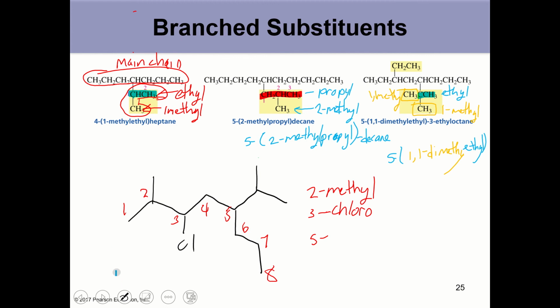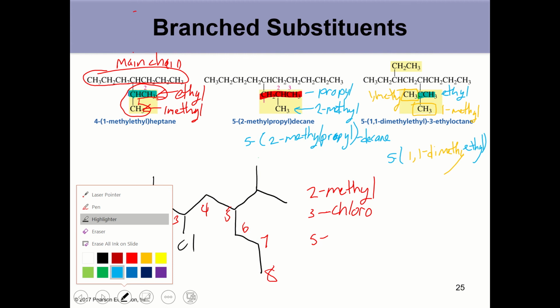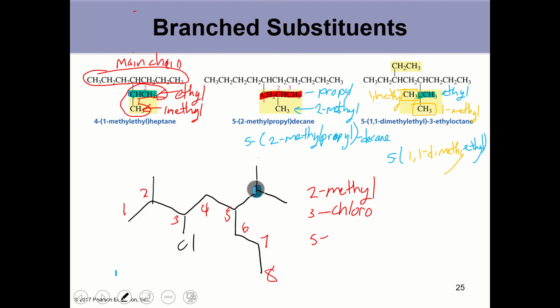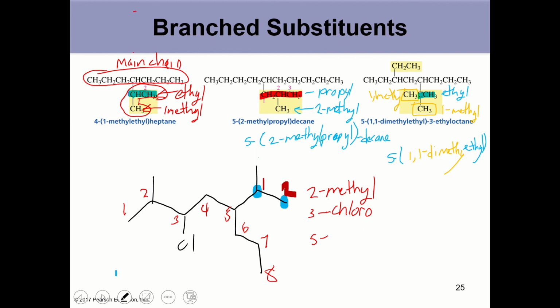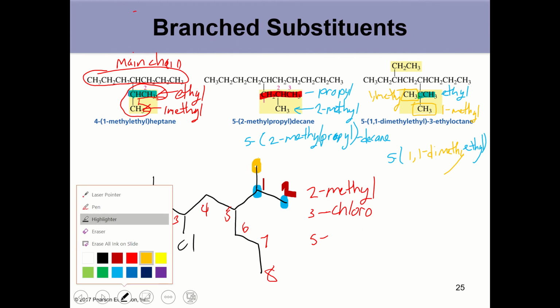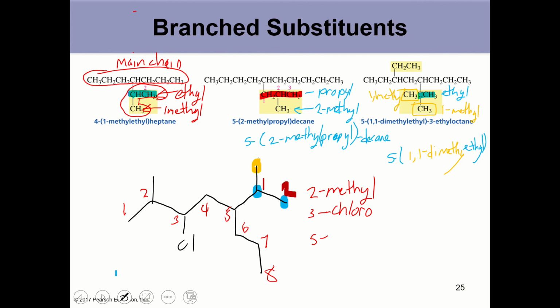The longest chain in our branch is carbon 1 and then carbon 2. Then there is a branch off of the branch, which is a methyl group on carbon 1.